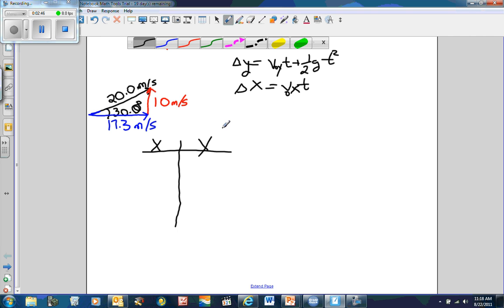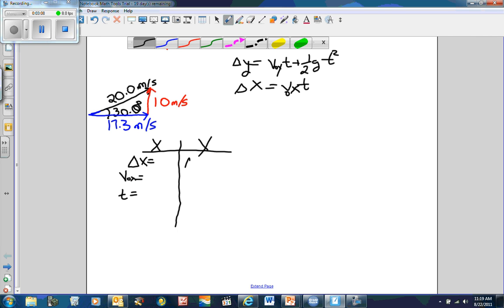That's it. So down here we're going to say delta x equals, initial x velocity equals, and t equals.